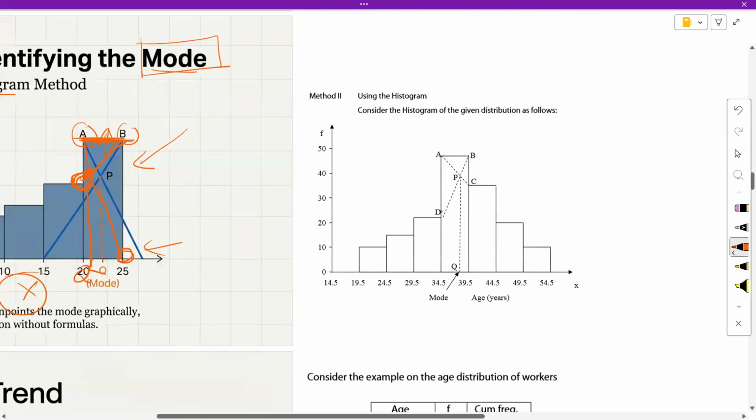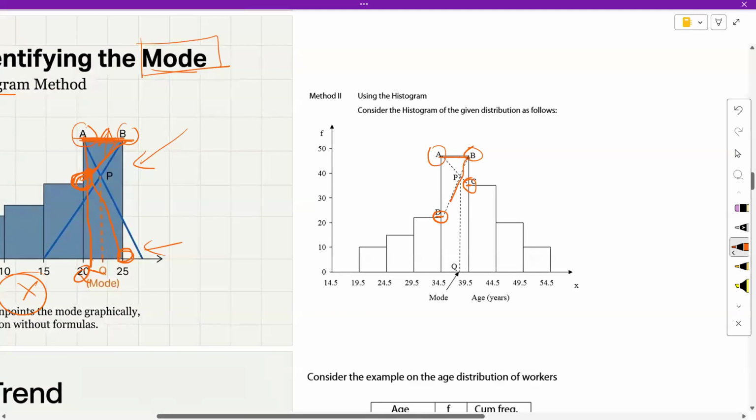We can display the data like this. This one is the mod class, highest frequency. As I told you earlier, we take the highest bar's top corners and connect them with the edges of the next and previous classes.